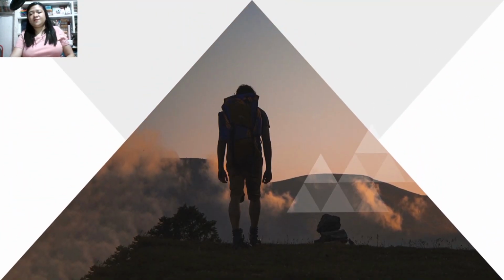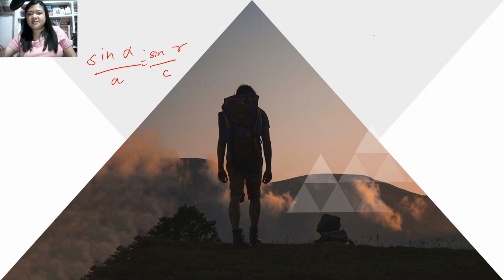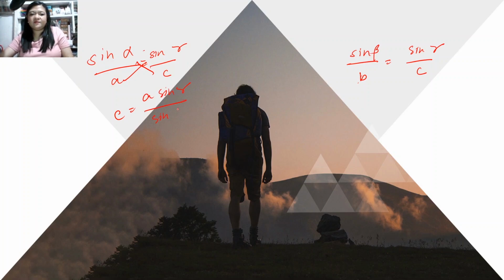And lastly, when we need to find C, we equate it first with alpha and A. So we have sine alpha over A is equal to sine gamma over C, and also sine beta over B is equal to sine gamma over C. So we only need C, so we need to isolate C. So here, cross multiplying, C is equal to A sine gamma divided by sine alpha.